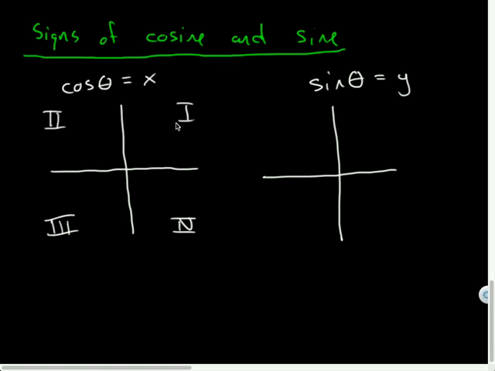For quadrant 1, are my x values positive or negative? Positive, because it's to the right of the origin.